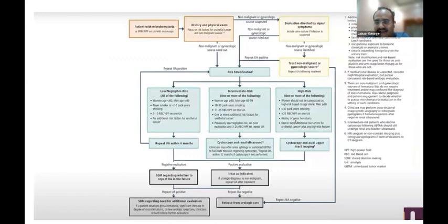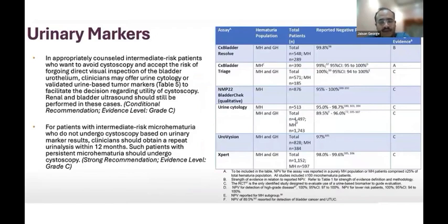For those in the intermediate risk category, if the patient wishes to avoid invasive tests like cystoscopy, you can use urine-based tumor markers, and that can facilitate a decision on cystoscopy. Renal ultrasound has to be done, whereas those in the higher risk category will definitely need to undergo a cystoscopy and CT urogram.